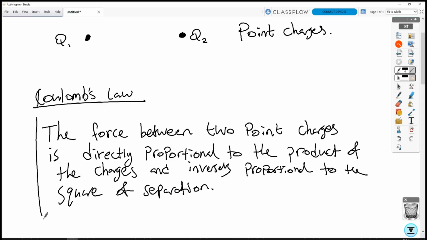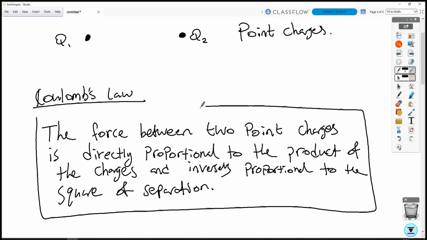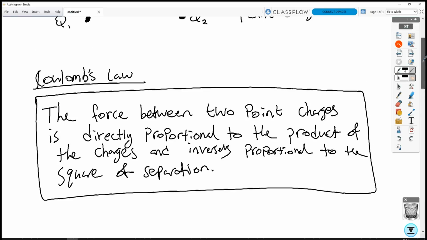So the definition is almost identical. If you've memorized one, you've automatically memorized both.